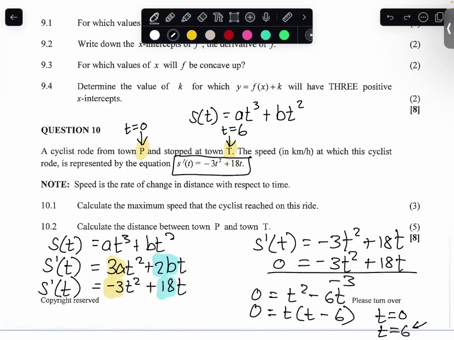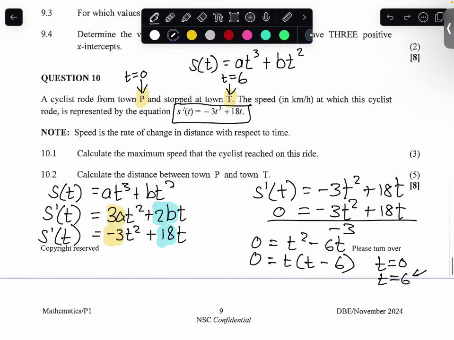The one I got from the original equation, the cubic function's equation, and the other one I got from the information. So now when I make them equal, I'm saying 3A is equal to minus 3. I'm going to divide both sides by 3. That's going to give me A to be minus 1. And 2B must be equal to 18. Divide both sides by 2. That means B is equal to 9.